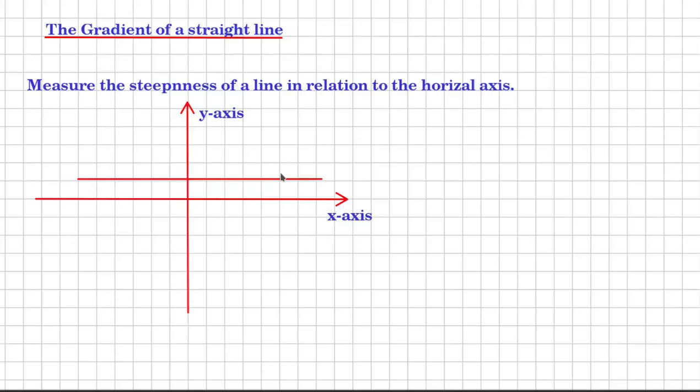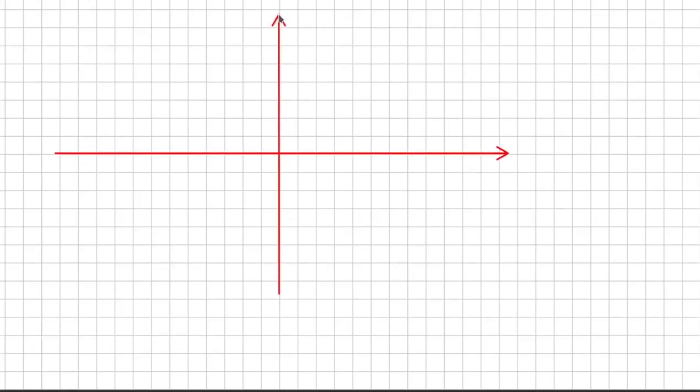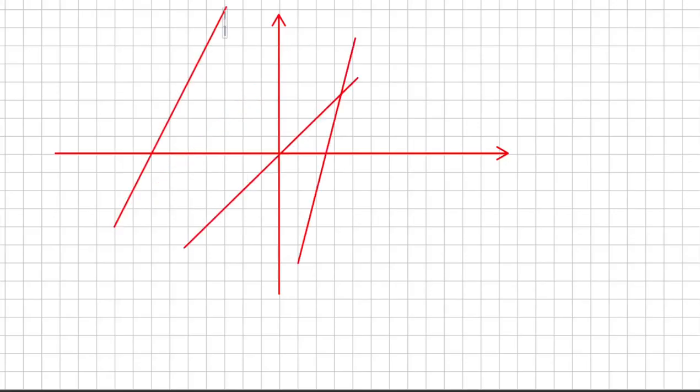Now let's try to discuss how we can measure the gradient of a line. I'll just draw 3 random lines, which we are going to discuss their gradients together. Now we have the 3 lines here. This is our line A, this one is our line B, and this one is our line C. Our interest is to find the gradient of these lines.